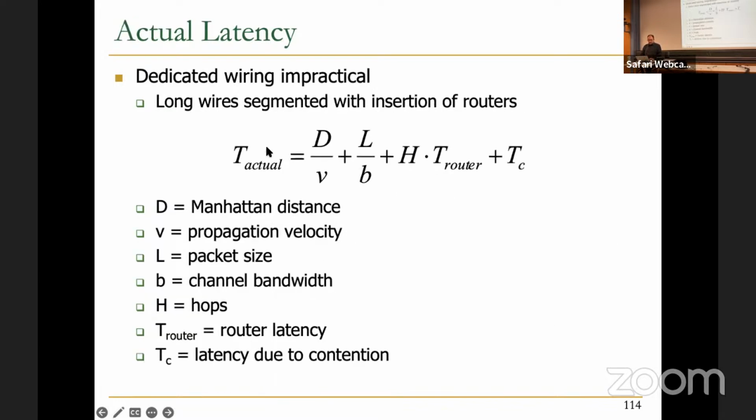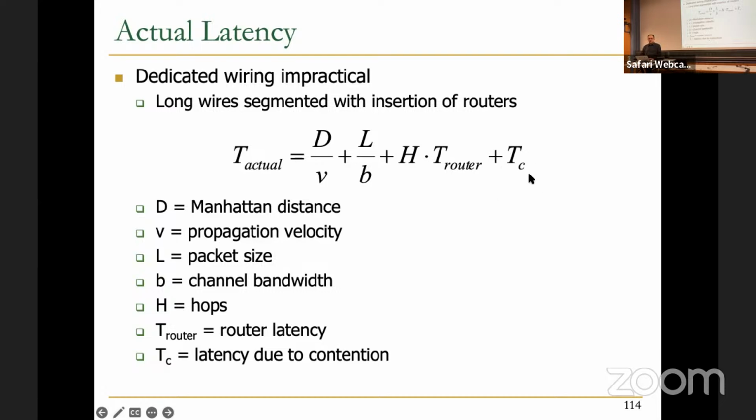But the actual latency is different, because wiring is impractical for long distances. Long wires are segmented with the insertion of routers, so we need to go through all the routers. In addition to this ideal latency, you also need to consider the number of hops and the latency of each router, T router, and TC is the latency due to contention.